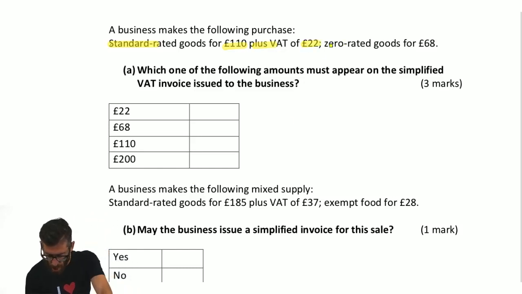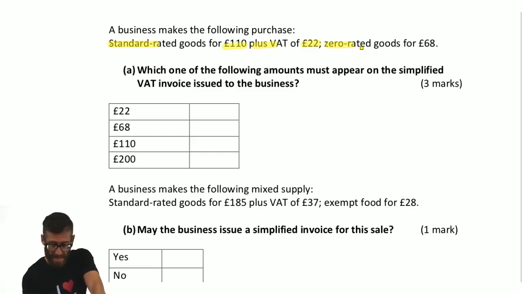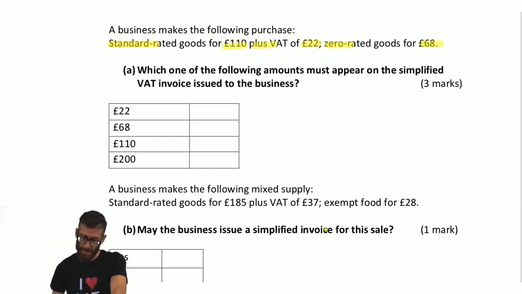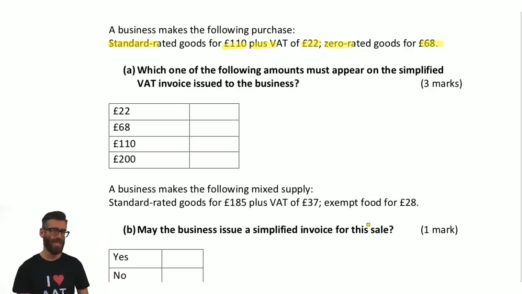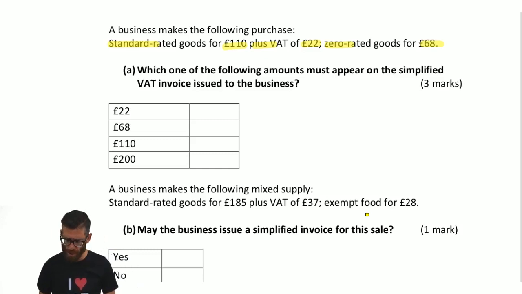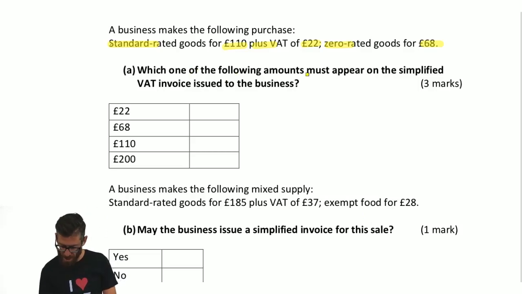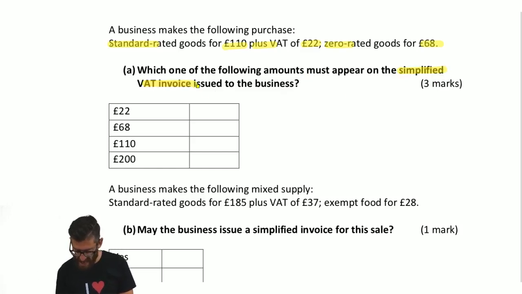And 0 rated goods, goods for which the tax is not charged, but it doesn't mean it's exempt, it means it's 0 rated, for £68. Now, the operative word in this question, the word that draws your attention to what the requirement is, remember the examiner says people aren't reading the question carefully, is: which one of the following amounts must appear on the simplified VAT invoice issued to the business?